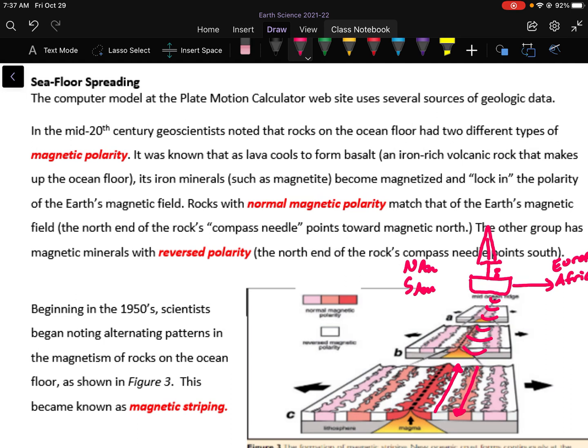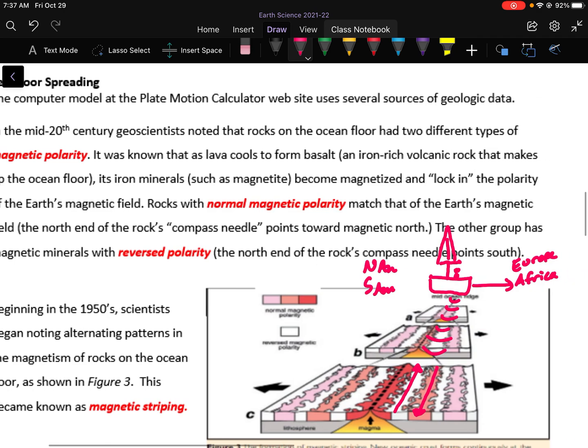So you can basically get a little magnetic time capsule in each rock. And if you know where the rock was and you can keep its orientation straight when you collect it, and you can measure the magnetism of that rock, then you can see that the Earth's magnetic field was lined up in one direction at the time that rock was made.